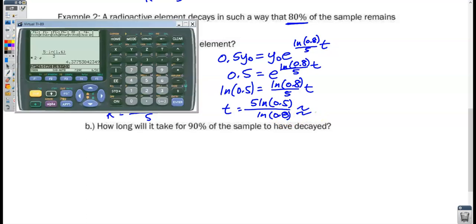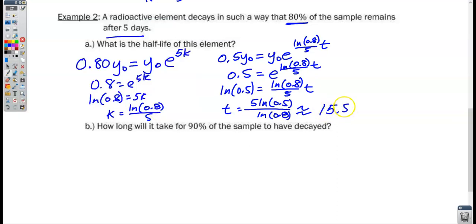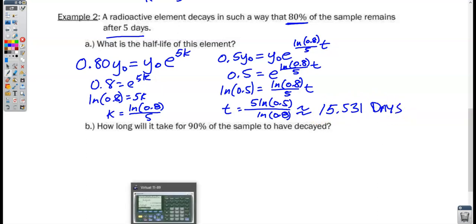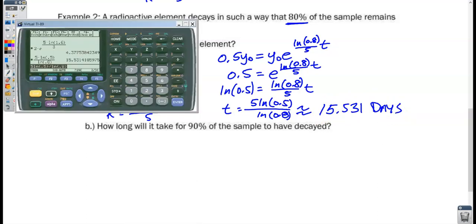And if you want a decimal, you can go ahead and punch it up. I've got 5 natural log of 0.5 divided by natural log of 0.8. And I get 15.531. And my unit here is days.